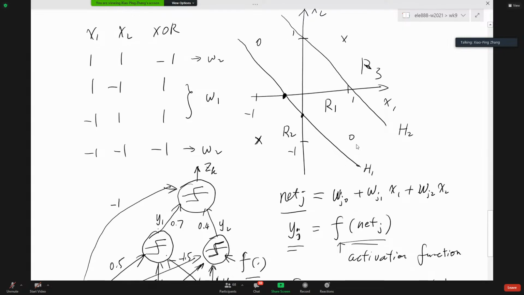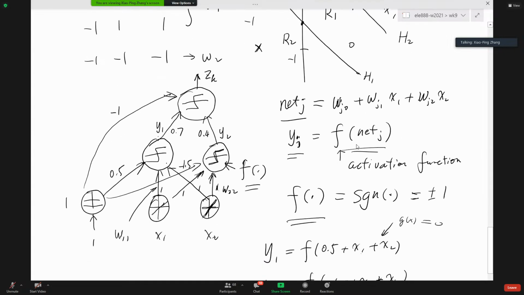If we plug in 1, 1, of course it's positive, because this is a sign function. If it's 1, minus 1, or minus 1, 1, then x1 plus x2 is 0, but with the 0.5, they are all positive. As long as one of them is 1, it's positive. If both of them are negative 1, what do we get?